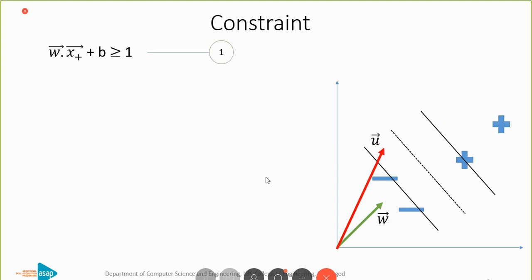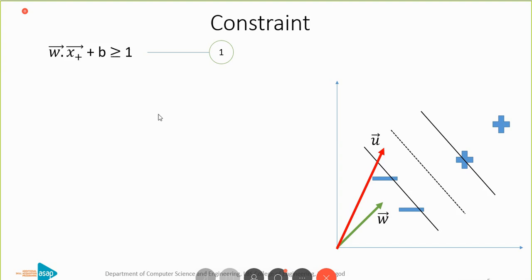So I will rewrite my decision rule like this: w dot x plus b greater than or equal to 1 for positive samples. That means the decision rule will give you a value greater than or equal to 1, whatever it is.